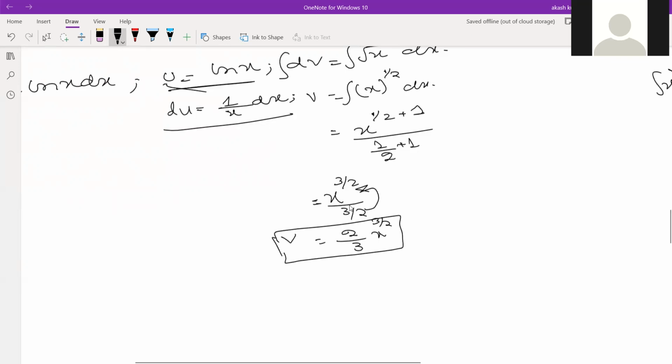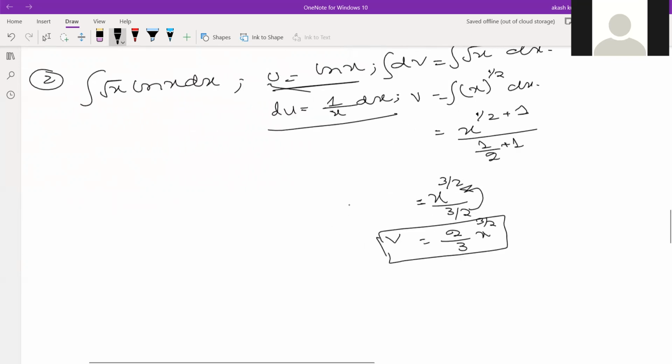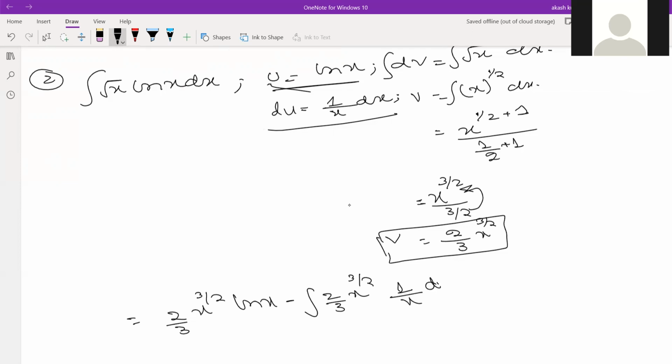So now apply the integration by parts formula: u v minus the integral of v du. That is 2 by 3 x to the 3 by 2 times ln x, minus the integral of 2 by 3 x to the 3 by 2 times du, which is 1 over x dx.